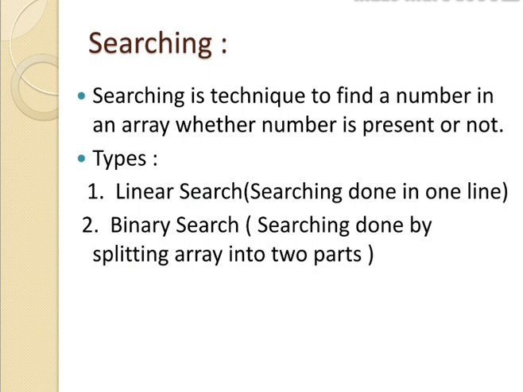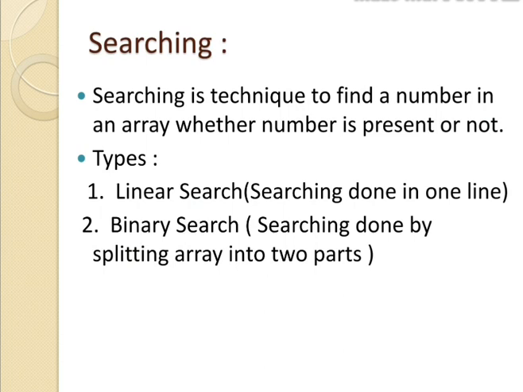Now we are having two types of searching: linear search and binary search. For this year, in the reduced syllabus, binary search is not there, but you have to go through it. That's why I'm telling it. Linear search always searches each and every element in one line only.